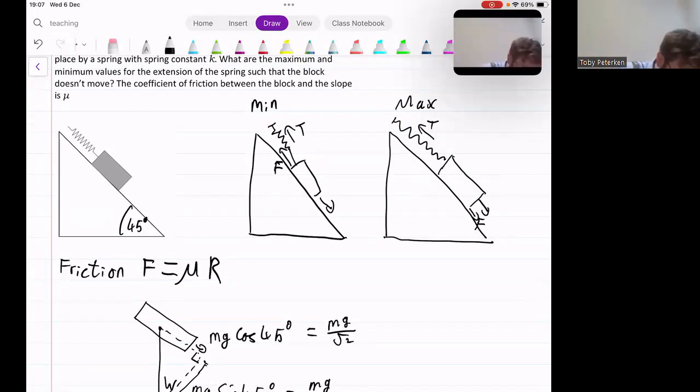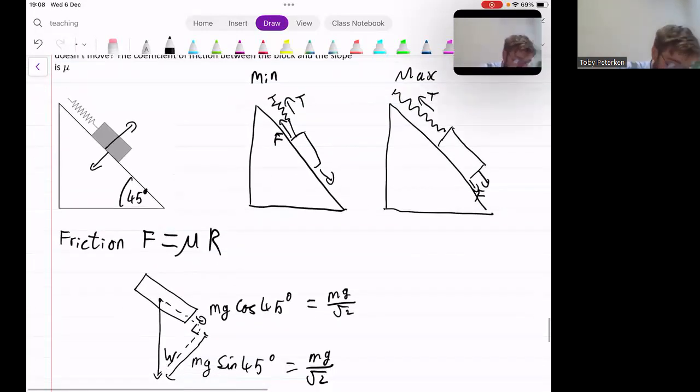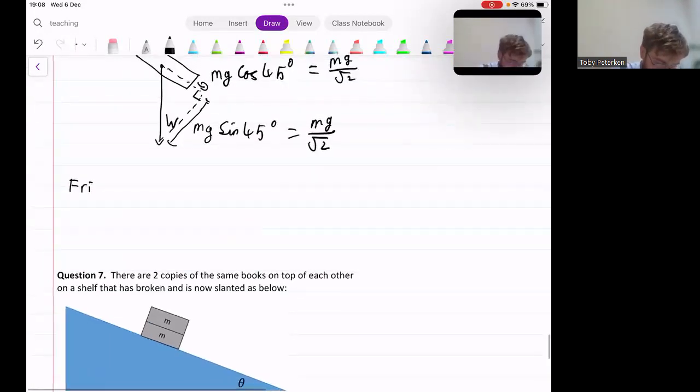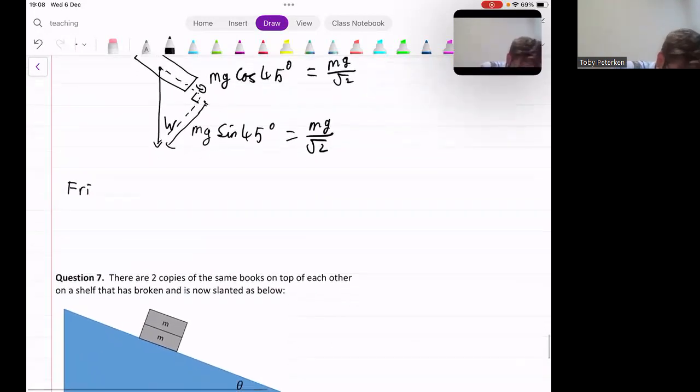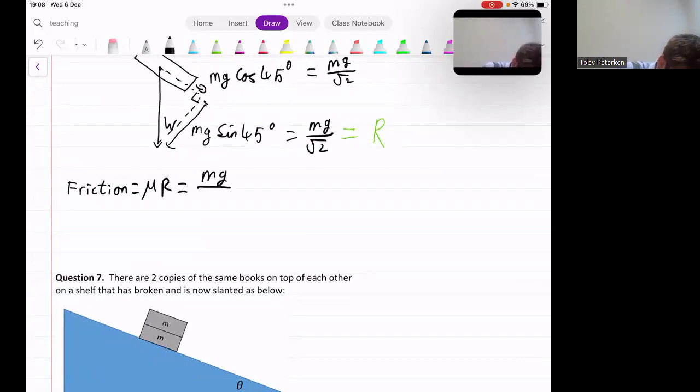And so therefore, the reaction force in this direction must be equal to the component of the weight in that direction. So the friction force is equal to mu R, which is equal to mu mg over root 2.